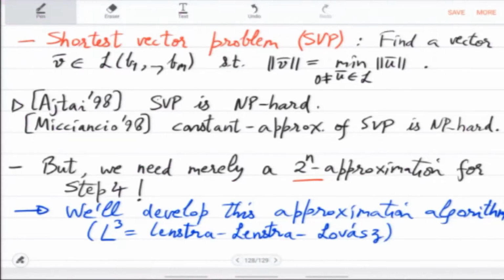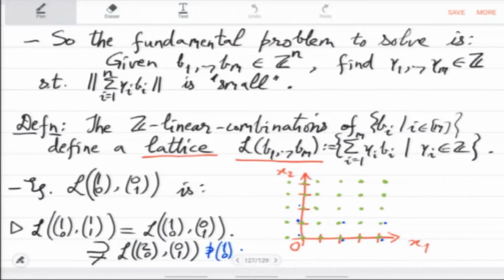So, in the last class we started studying this new mathematical object that we are calling lattices, right? Pictorially they are just points arranged in a grid, a multidimensional or higher dimensional grid.